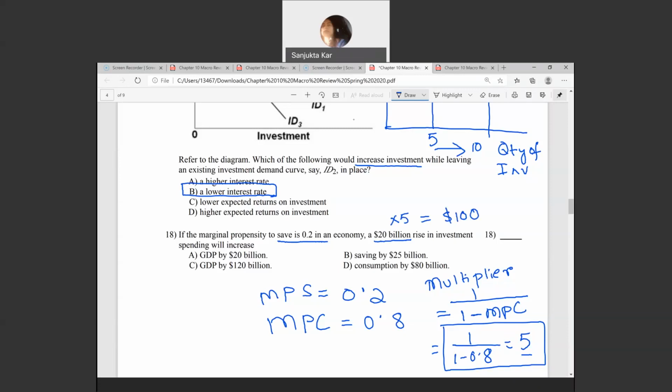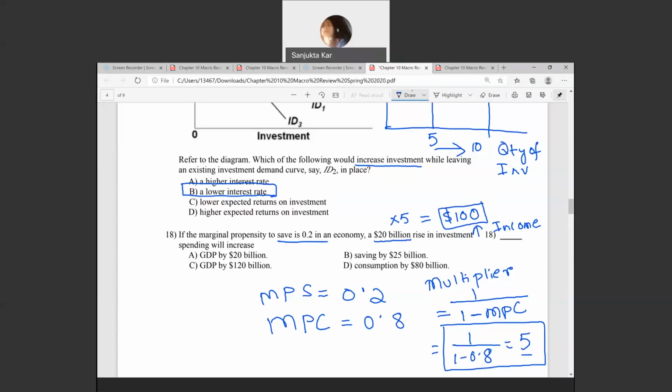So 100 is going to be the increase in income, or the gross domestic product. But this really does not match any of the answer choices here.